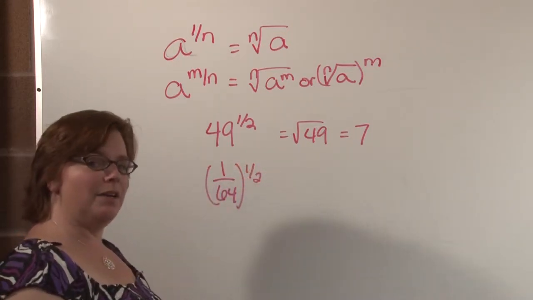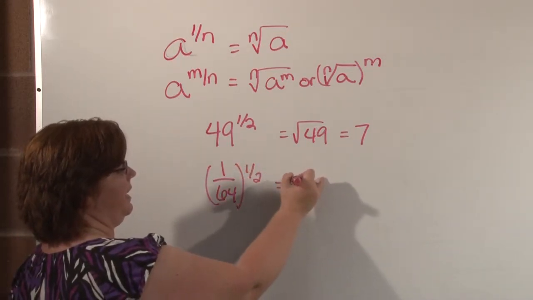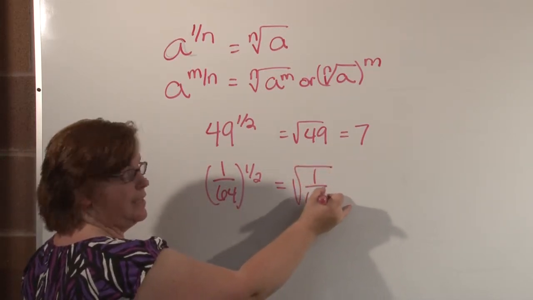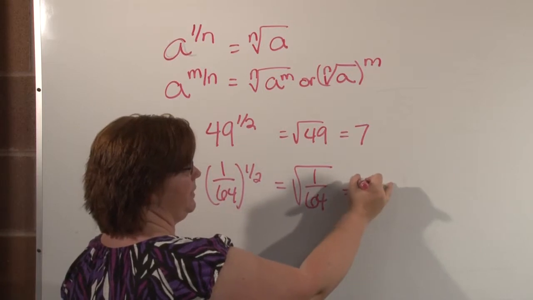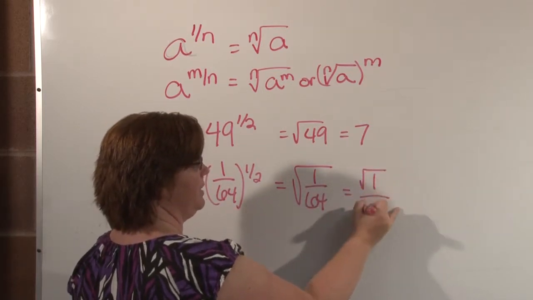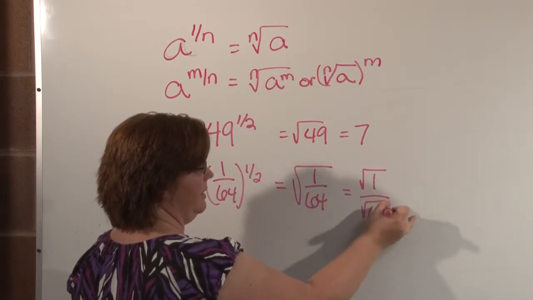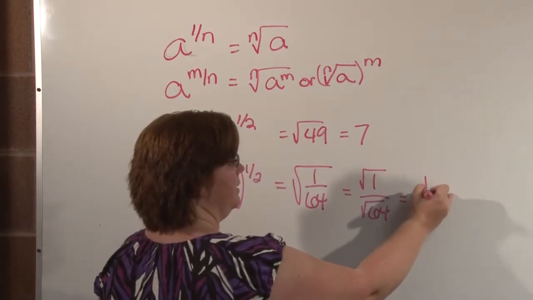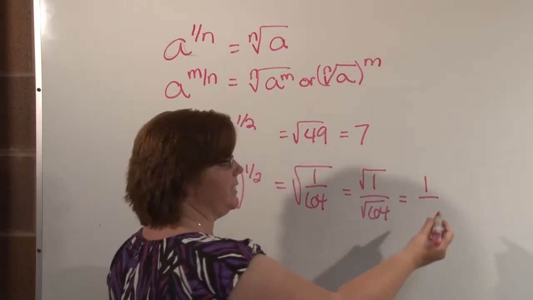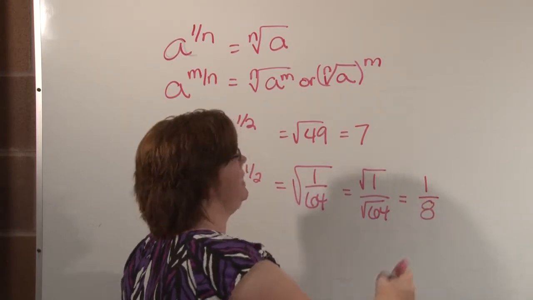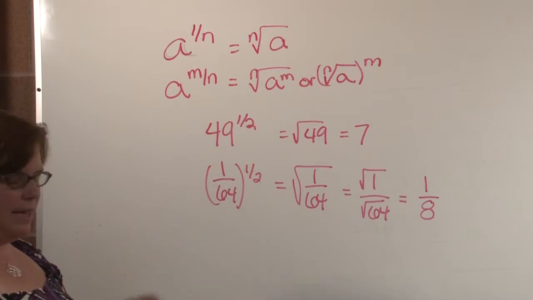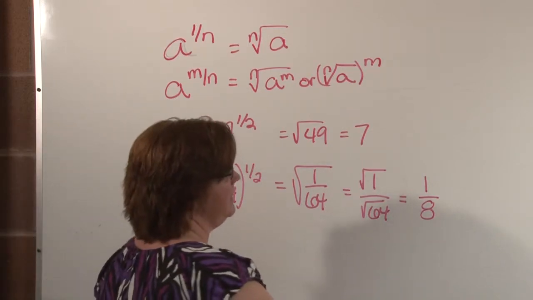And our rules of radicals say that that is the square root of 1 over 64. And we can split that up into two different parts, the numerator and the denominator. And so the square root of 1 is 1, and the square root of 64 is 8.